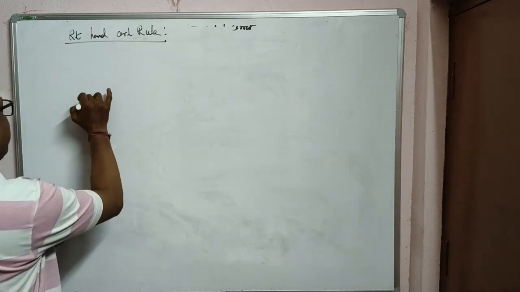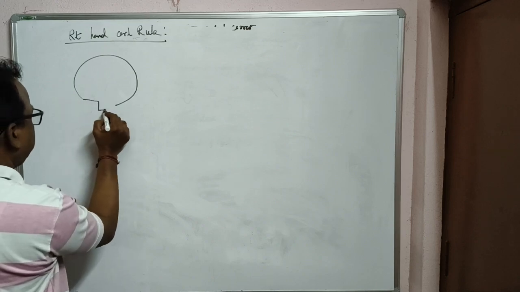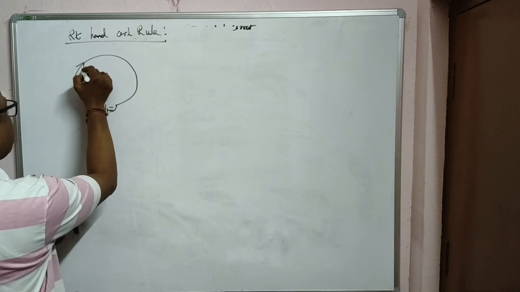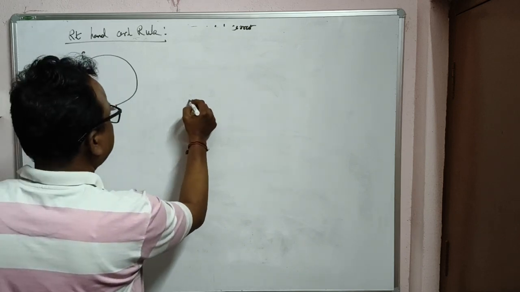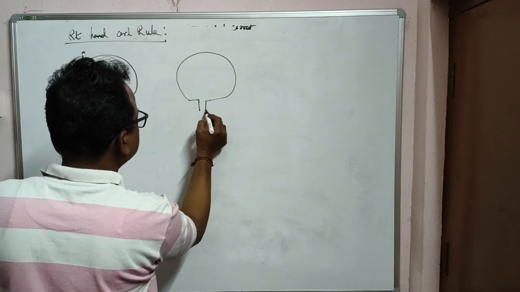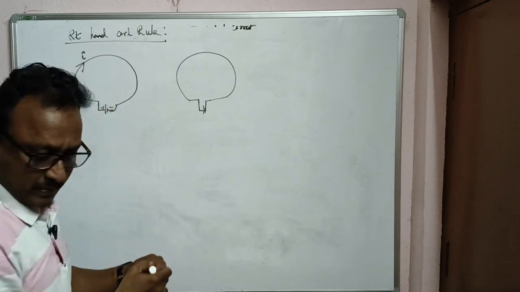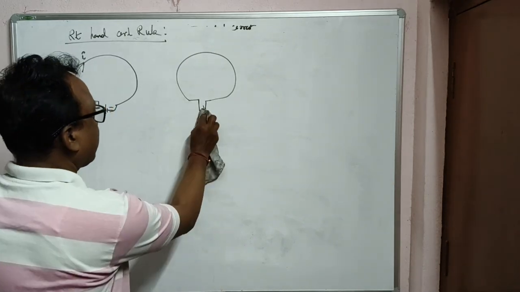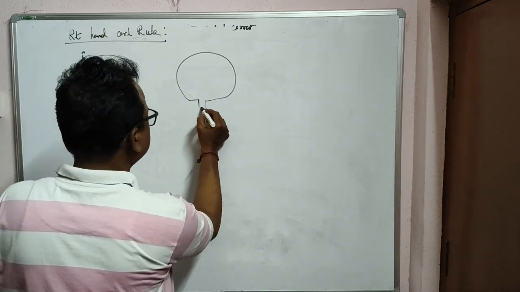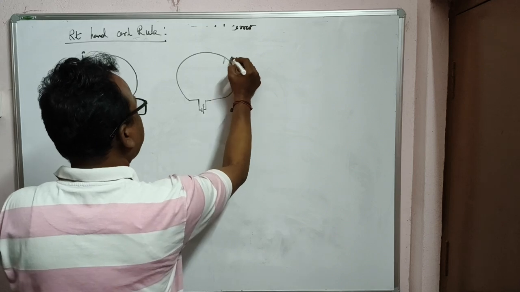For example, this is a circular coil. Current is going in this direction. This is another circular coil. Here you can see the current is in this direction.